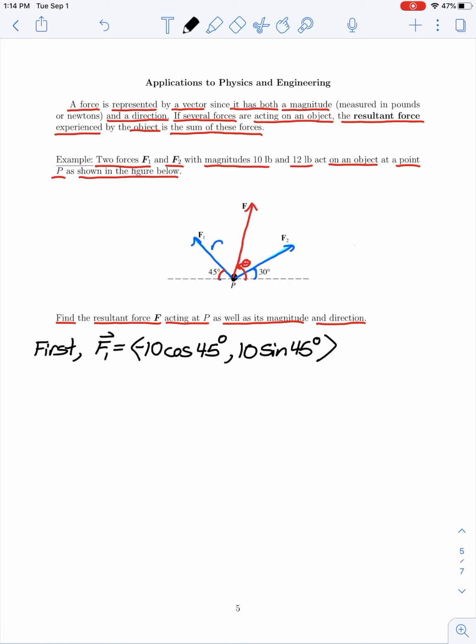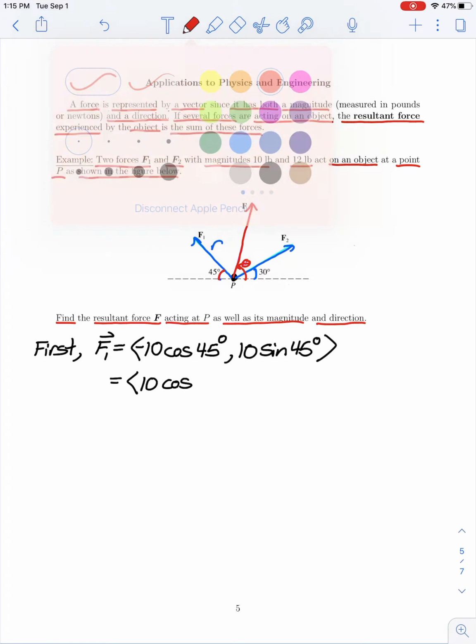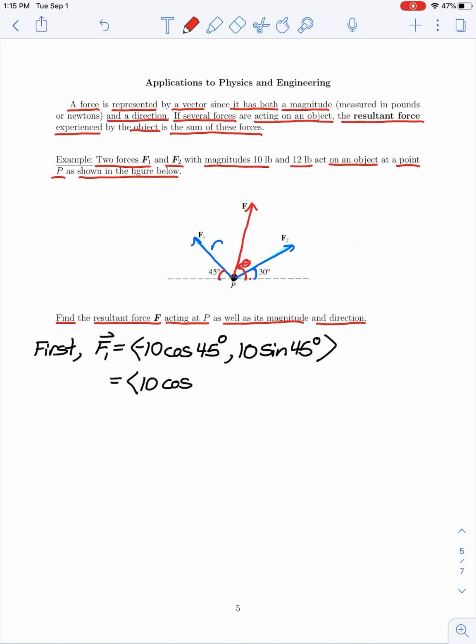Or an alternative approach here would be to take 10 times cosine of the angle that's formed by rotating from the positive x-axis to this vector, which would be 180 degrees minus 45.